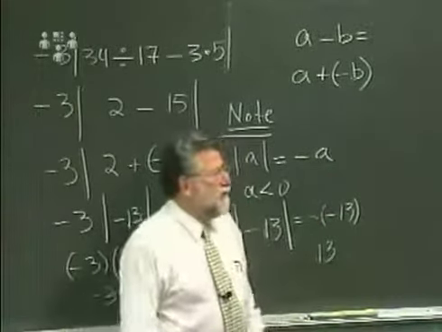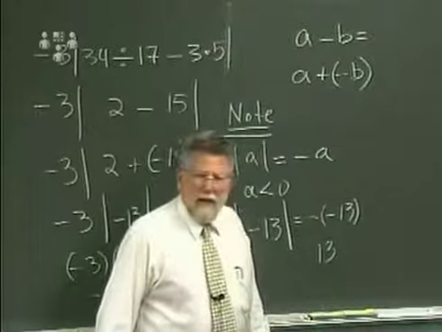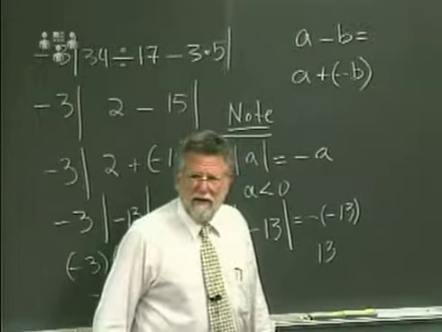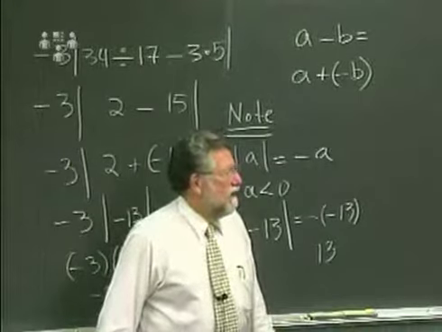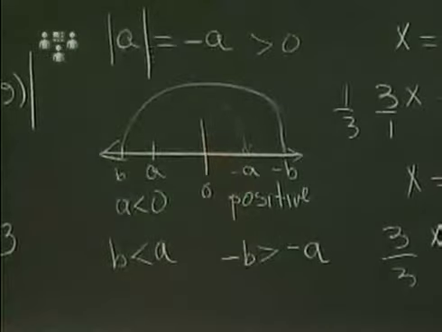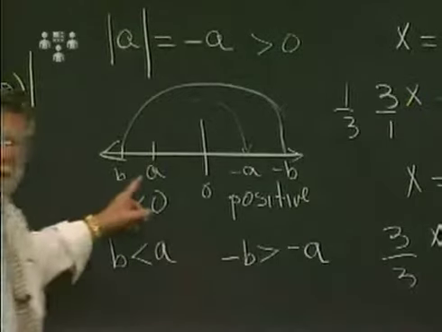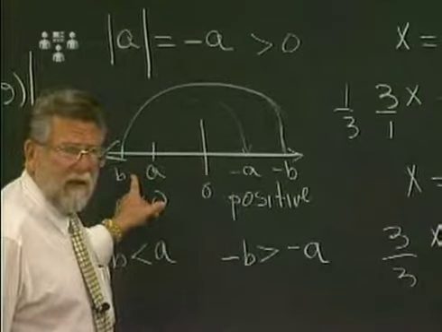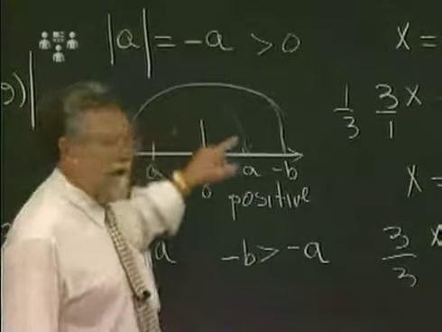Okay, Debbie, back to Dion's diagram. Now, keep in mind, this diagram is supposed to help. A is to the left of 0. It is negative. Minus A is over here.